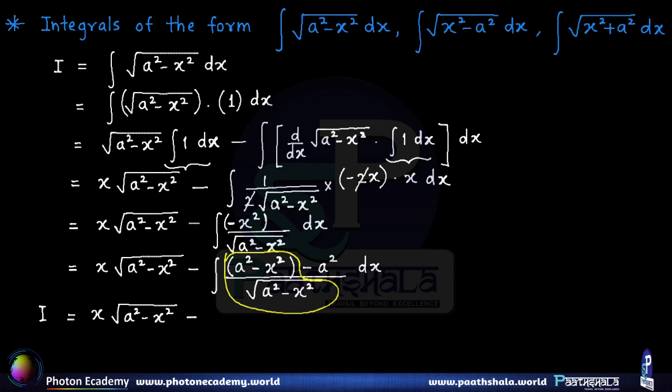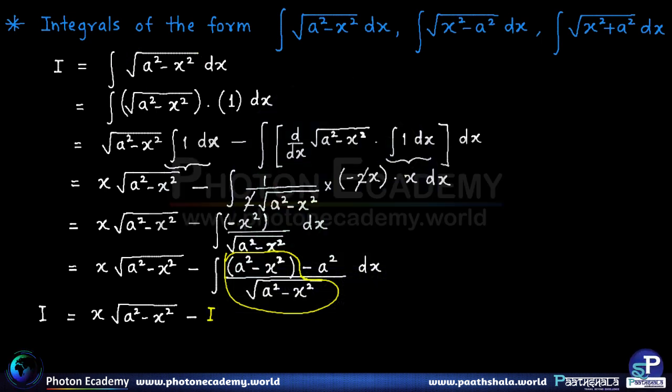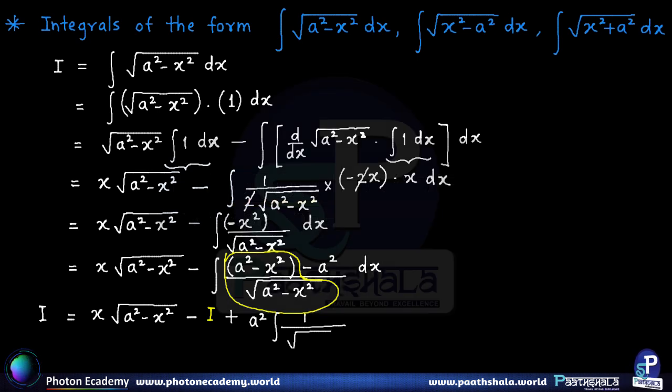So therefore we can write it as integral I, right? And in the second term the two negative signs become plus, and then after that we have a square taken out because it's a constant, and we have to integrate 1 upon root of a square minus x square.